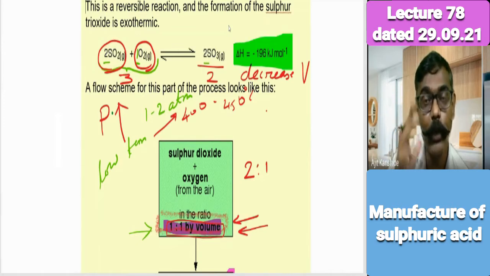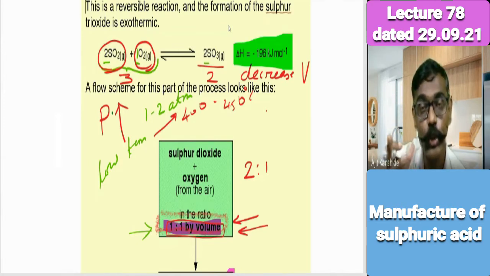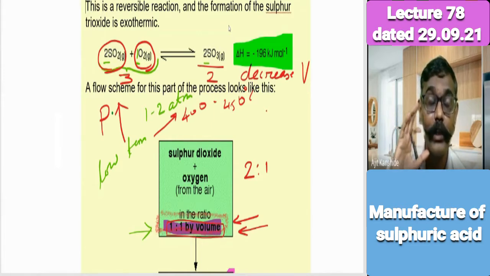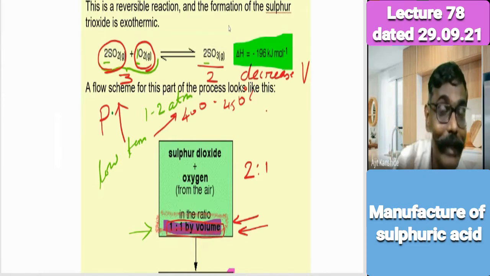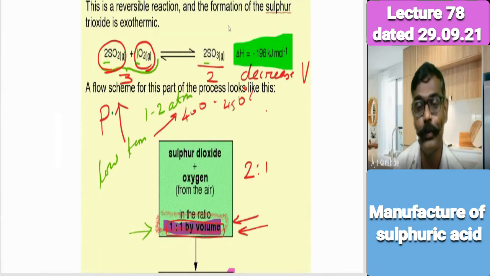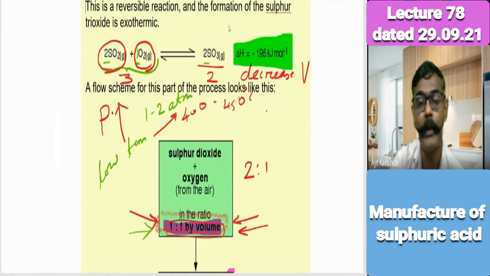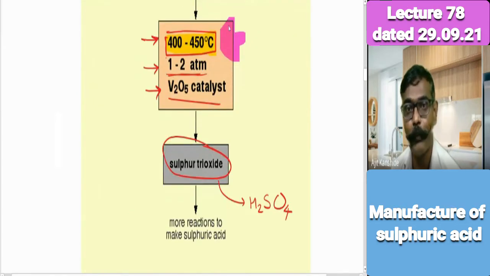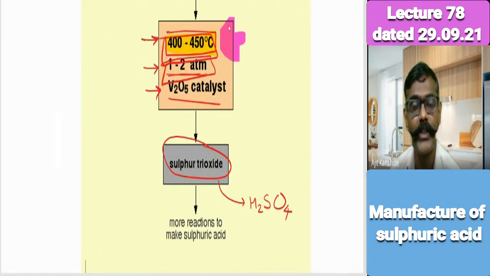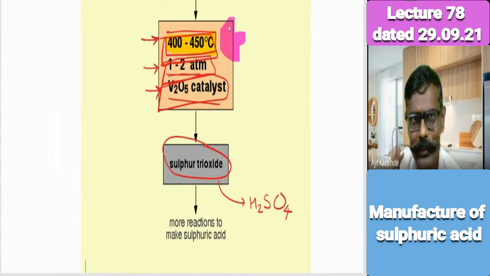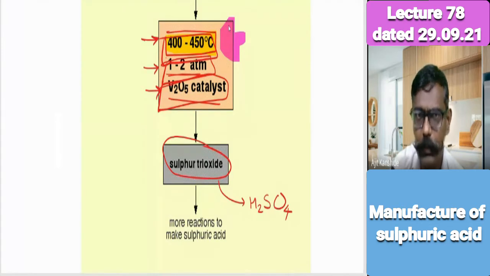They have changed the volumes of SO2 and O2, their proportions, they have varied the pressure, the temperature, and the catalyst, and at last they concluded that a 1 to 1 volume of reactants is enough, a temperature of 400 to 450 is enough, 1 to 2 atmospheric pressure is enough, and the catalyst V2O5 is suitable to get sulfur trioxide. Up to here, is the concept clear? Yes, sir. Okay.